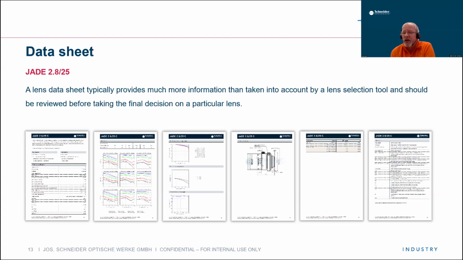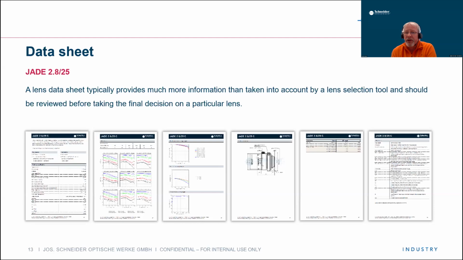You see the mechanical data. You have, of course, a table with all the parameters, also like the weight and minimum object distance, things like this. So the data sheet shows much more information than you can get from a lens selection tool.